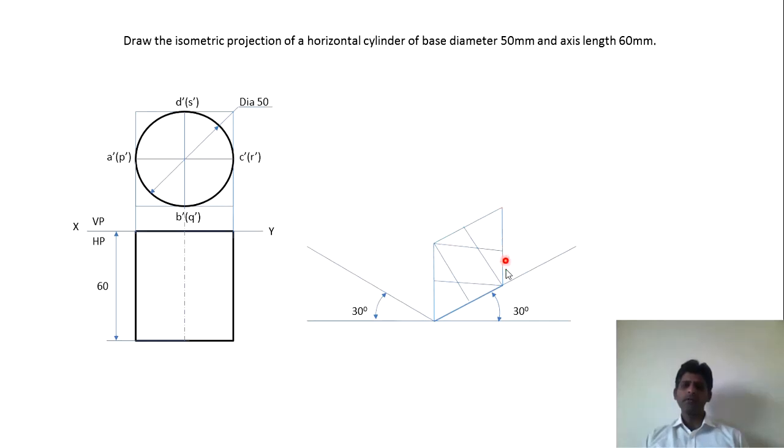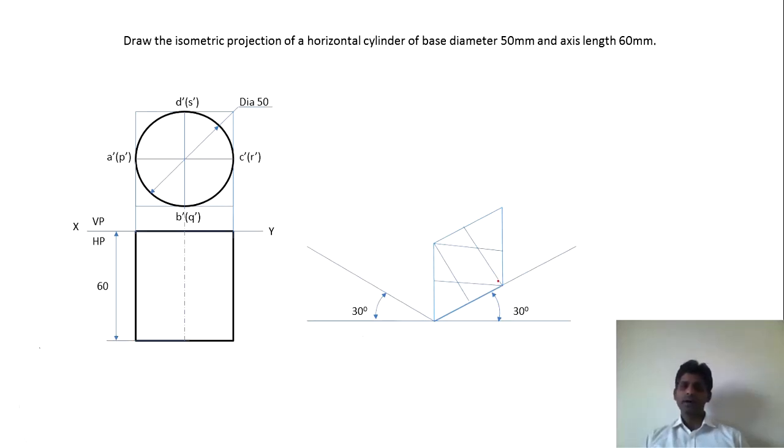But for that, we have to first draw this square. And the dimensions of this square are 50 multiplied by 0.81649. So each of these lines, we have to take this point, measure 50 into 0.81649 and mark this particular arc.